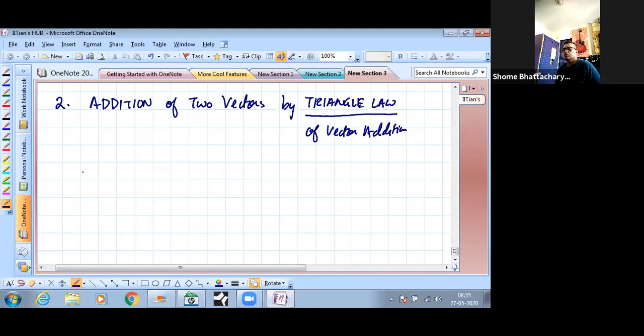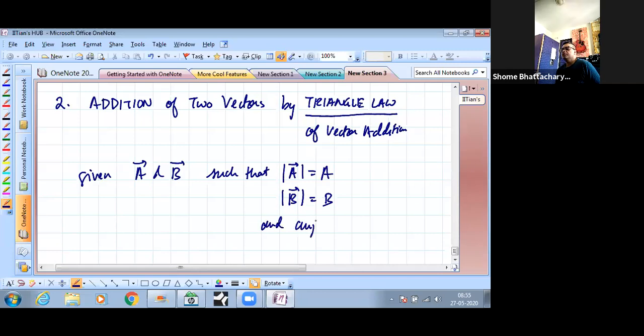So, given vectors A and B, such that the magnitude of the vector A, let's say we denote with the scalar quantity capital A, the magnitude of the vector B, and the angle between them is theta. So these three quantities are known: the magnitudes of the two vectors and the angle between them.